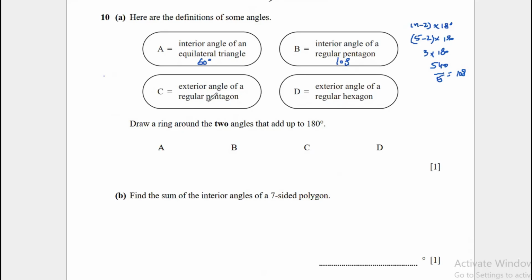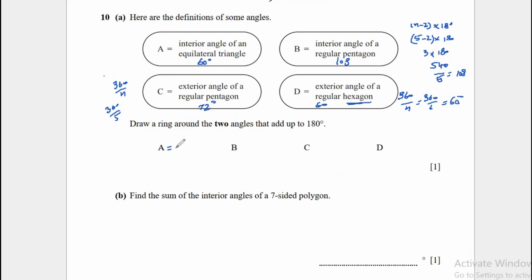And here in the pentagon, each exterior angle, we have the rule 360 divided by n. So 360 divided by 5. And if we check the last one, D, each exterior angle, again the rule is the same, 360 over n. Now we have a hexagon. A hexagon has 6 sides. So 360 over 6 is equal to 60.